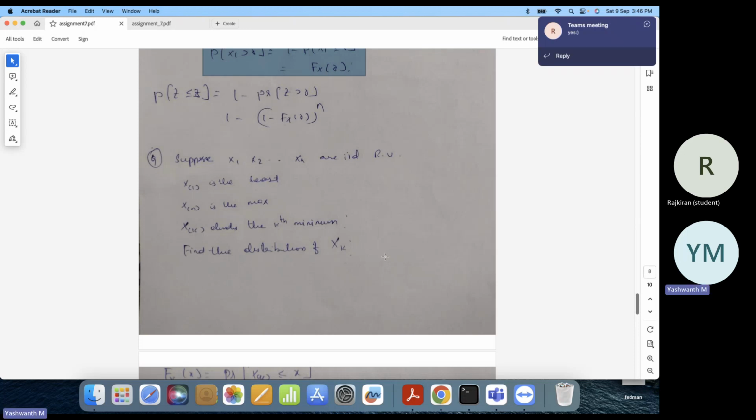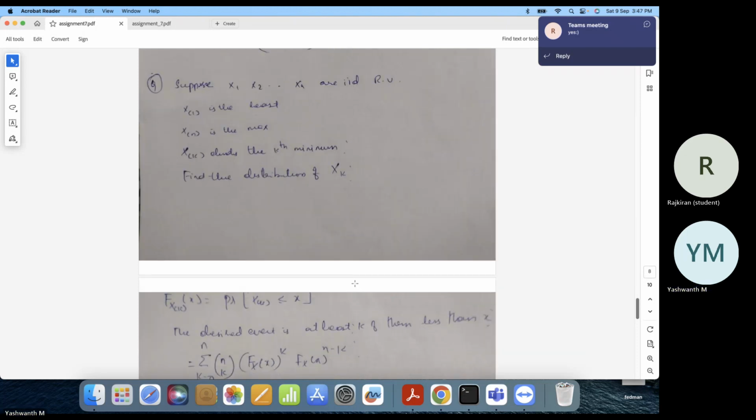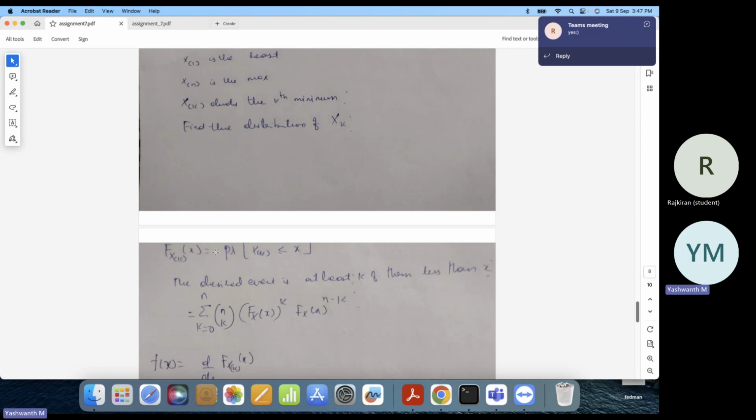So we want the distribution of X of k, which is the kth least. This is the generic form of order statistics. So F of Xk of x is the event probability X subscript k less than or equal to x.